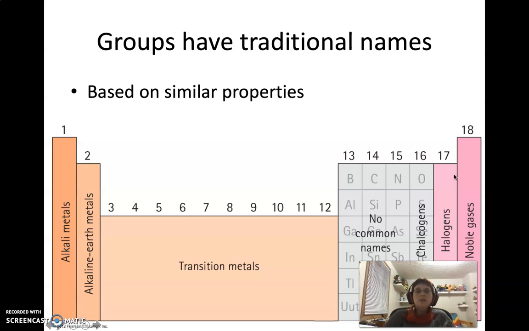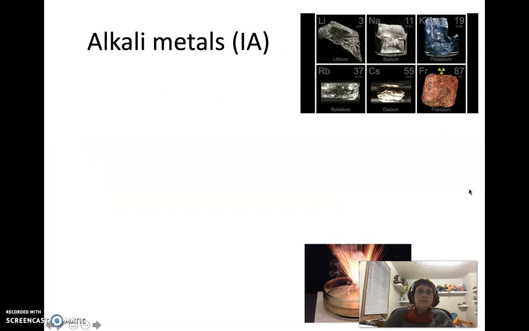Then we've got the chalcogens, the halogens, and the noble gases. For the most part they do have traditional names, and these names are generally based on their very similar properties. They react in similar ways to each other in these families or groups.